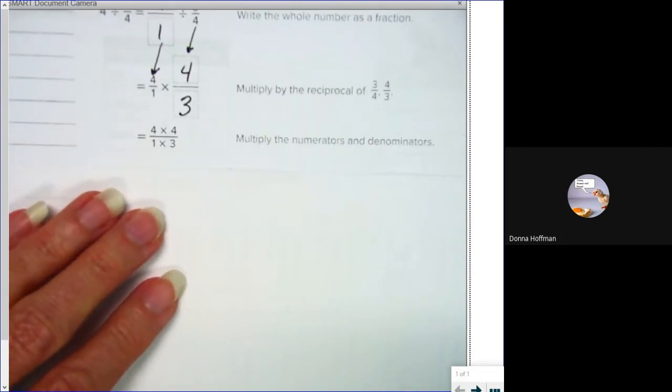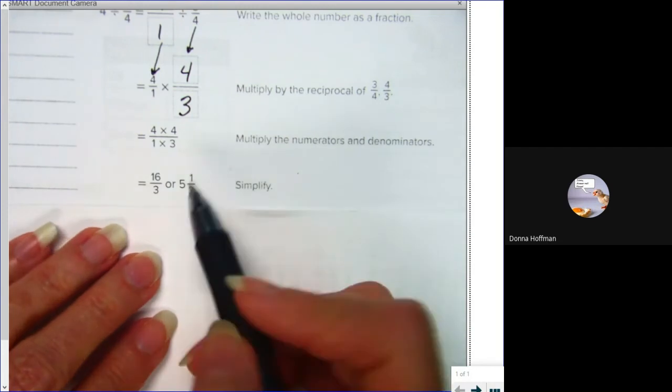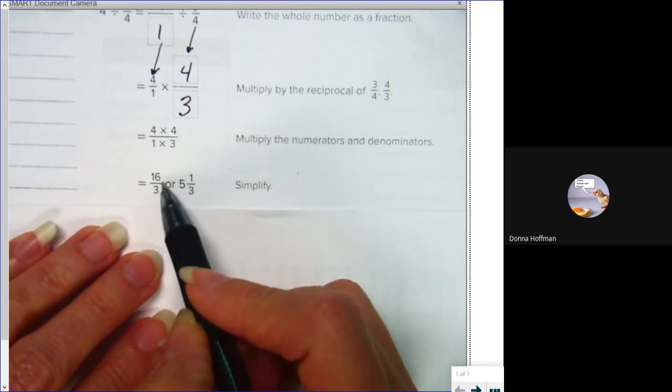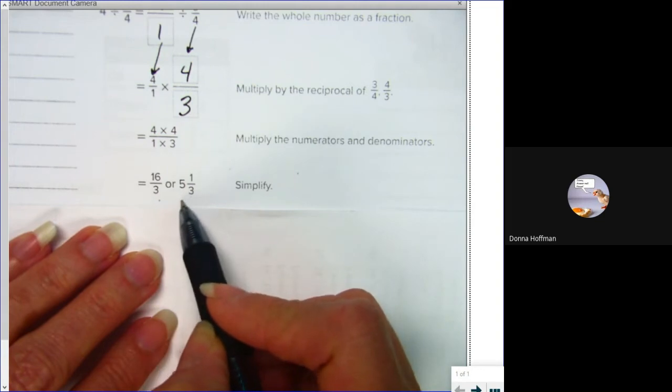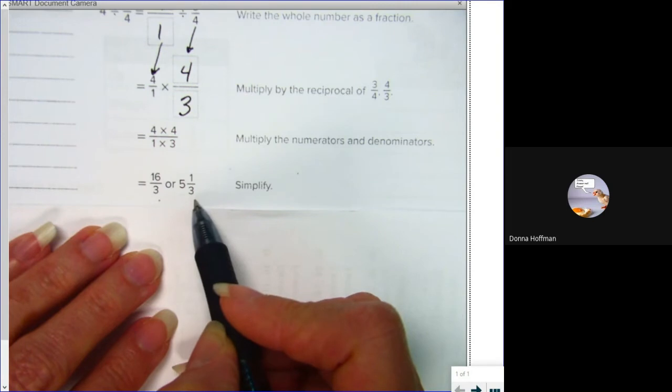I write the problem out so it's nice and neat. So it's going to be 4 times 4 for the numerator and 1 times 3 for the denominator. And you get 16 pieces when it takes 3 pieces to make a whole. And that's when simplification brings you down to 5 wholes and 1 piece left over when there was 3 pieces that you were gathering.